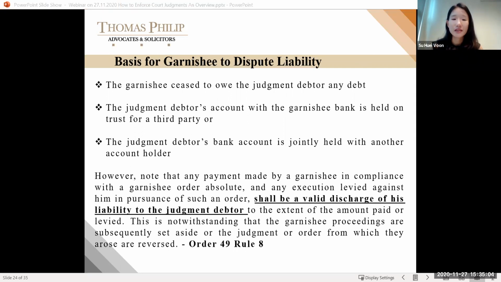So what this means is that even if later on, for whatever reason, the Garnishee proceedings are set aside, or the judgment or order from which they arose are reversed, doesn't matter, because the Garnishee would have already essentially done his job by following the order absolute. So there is no remedy against the Garnishee for properly following the court order, even if later on it turns out that the Garnishee proceedings shouldn't have been instituted. So that is what the rule is getting at.